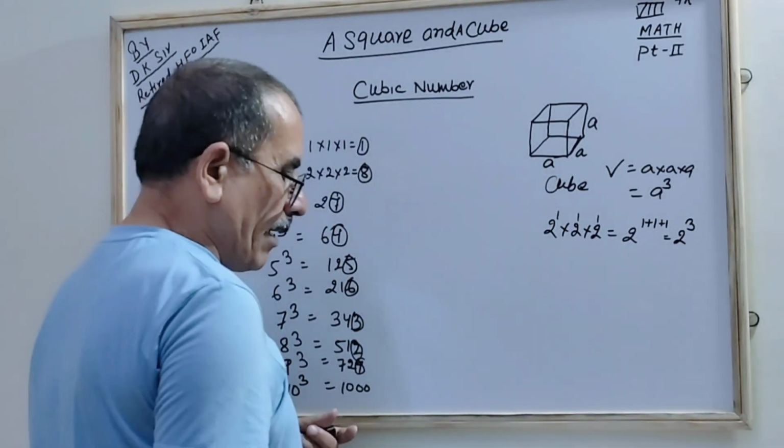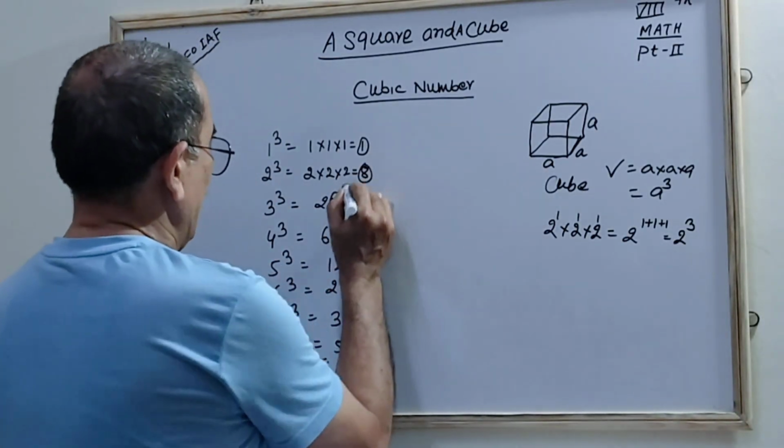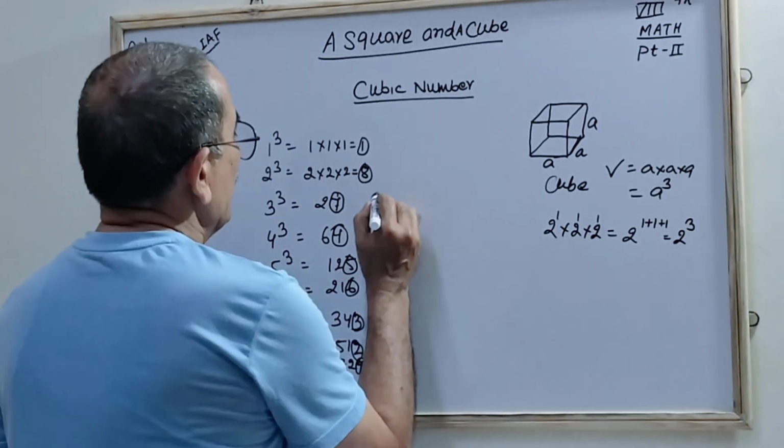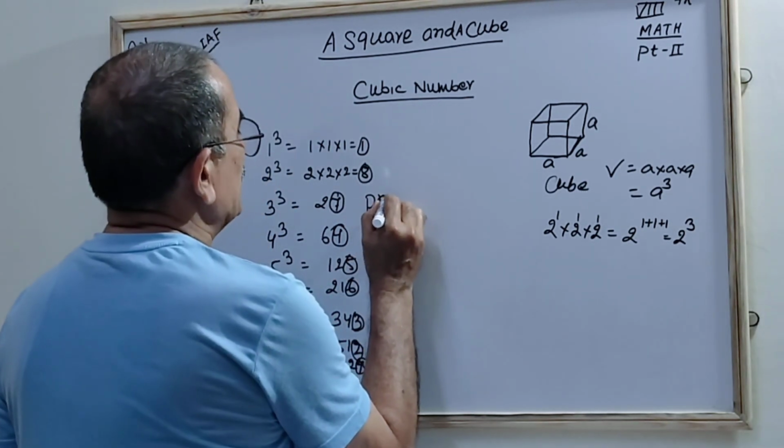So we have seen how these numbers behave. Next we will see the properties. What is property number 1?